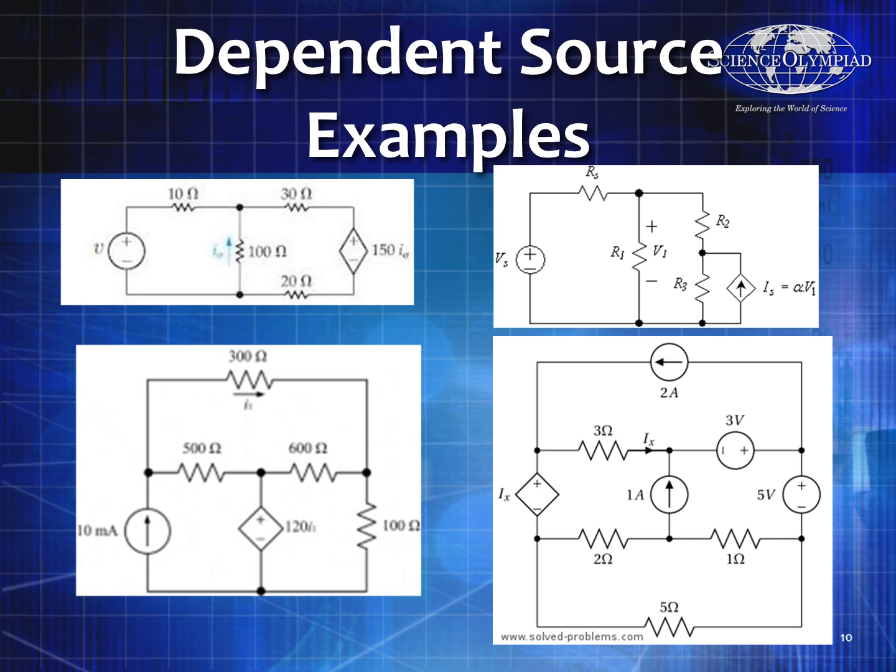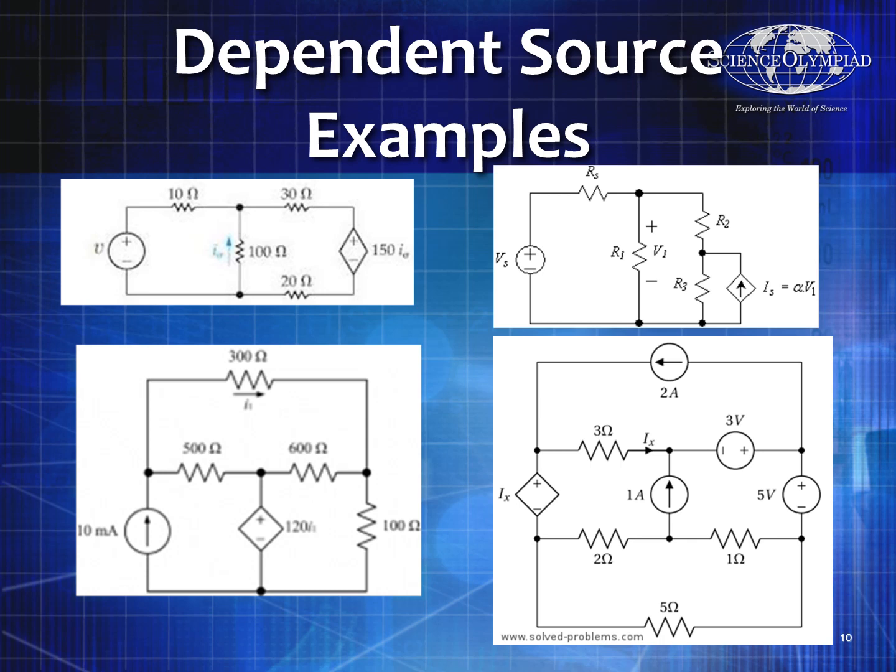Now, here's the thing. You'll notice that it is a voltage source. So even though it's 150 times the current, let's say I have 1 amp going through that 100 ohm resistor, then 150 times 1 amp would be equal to 150 volts.